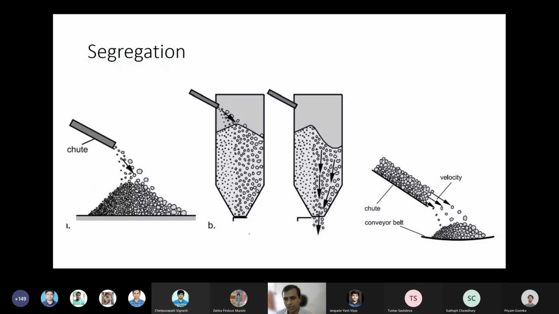So how do we avoid segregation when we store solids? The segregation happens while filling the silos. So this is the chute or the feeder.